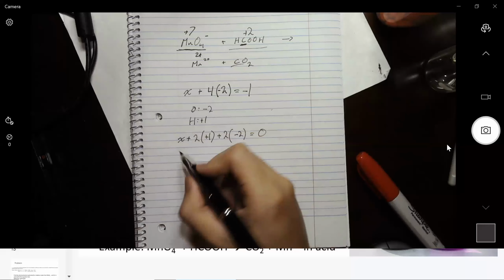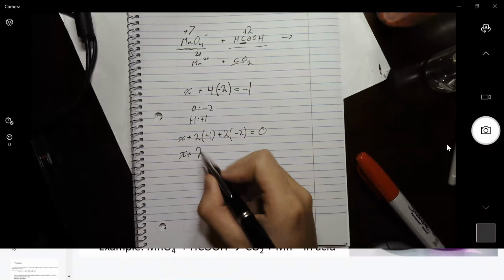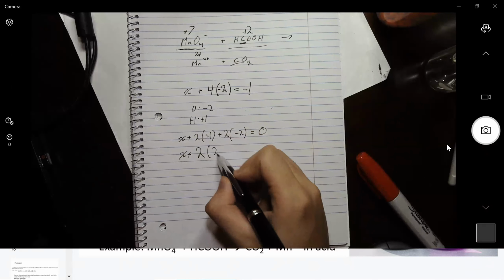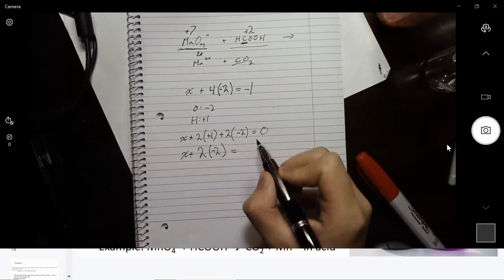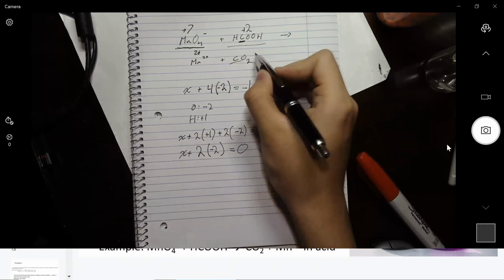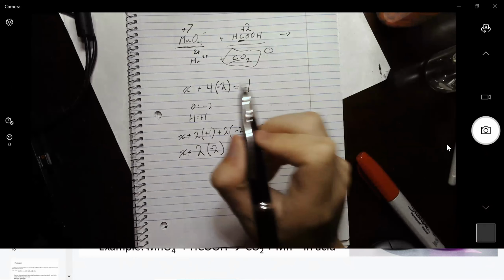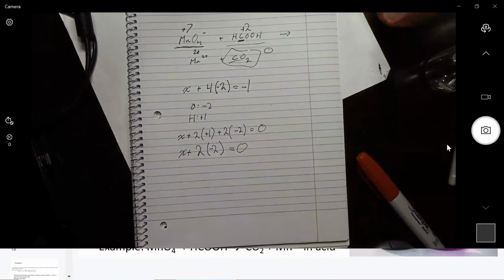X plus 2 oxygens, and each oxygen is 2 minus, and this equals 0 because the overall charge is 0. So what's X? Right, 4 plus.